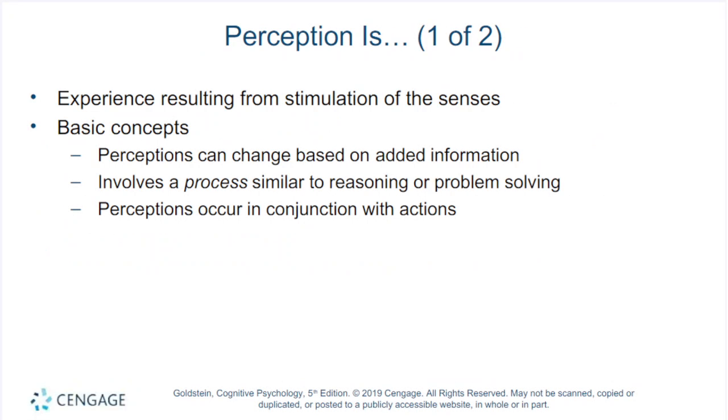First off, perception is defined as experience resulting from stimulation of the senses. As we have learned in our Gen Psych, if you still remember, the senses are usually the ones that have the information from the stimulus, depending on the stimulus.